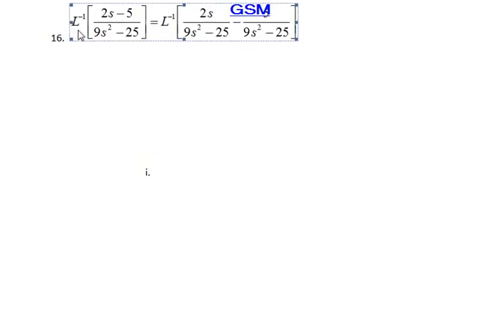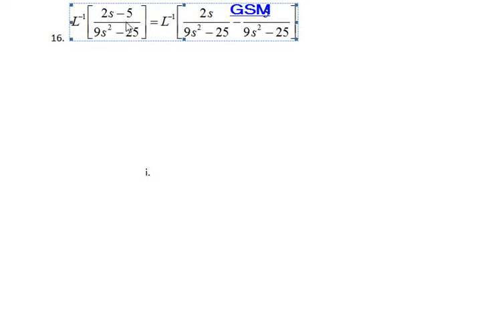The first problem: take L inverse of (2s minus 5) divided by (9s square minus 25). To solve this problem, first you have to separate the numerators by the denominators.